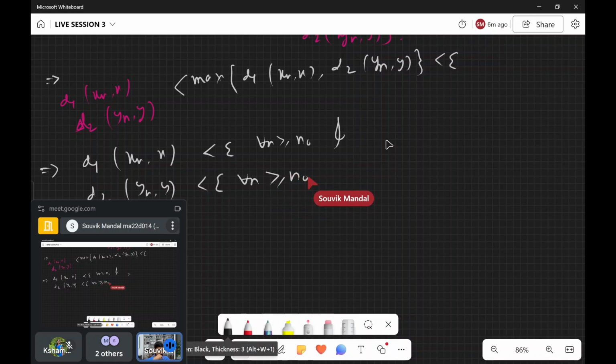So the first equation tells that the sequence xn converges to x, and the second equation, the sequence yn converges to y. So this is one side: if the sequence (xn, yn) goes to (x, y), then xn goes to x and yn converges to y. So first let me know, do you understand this argument only?